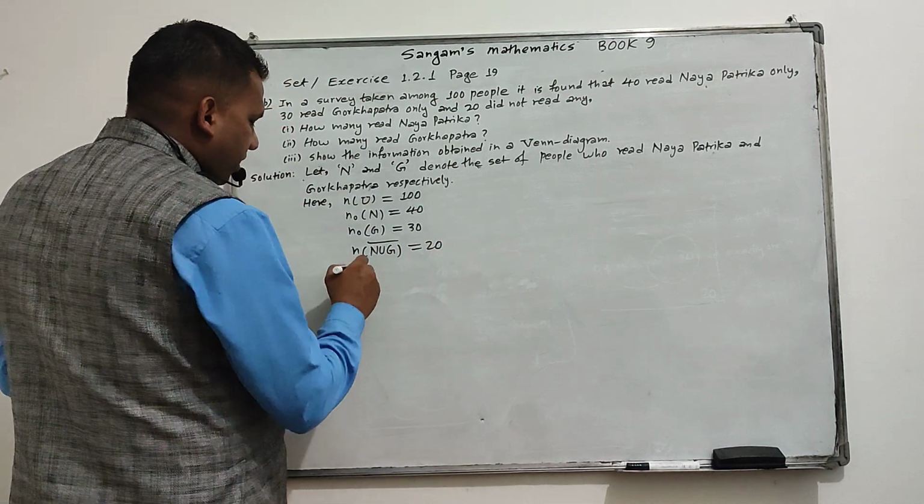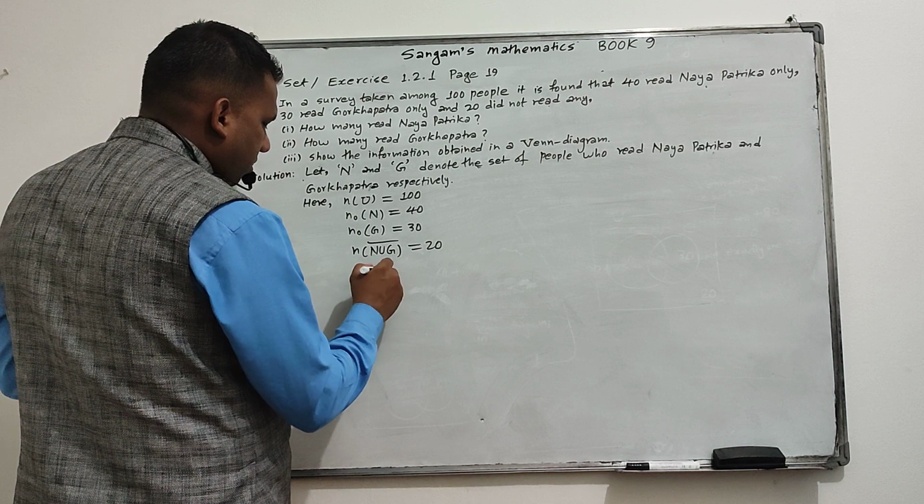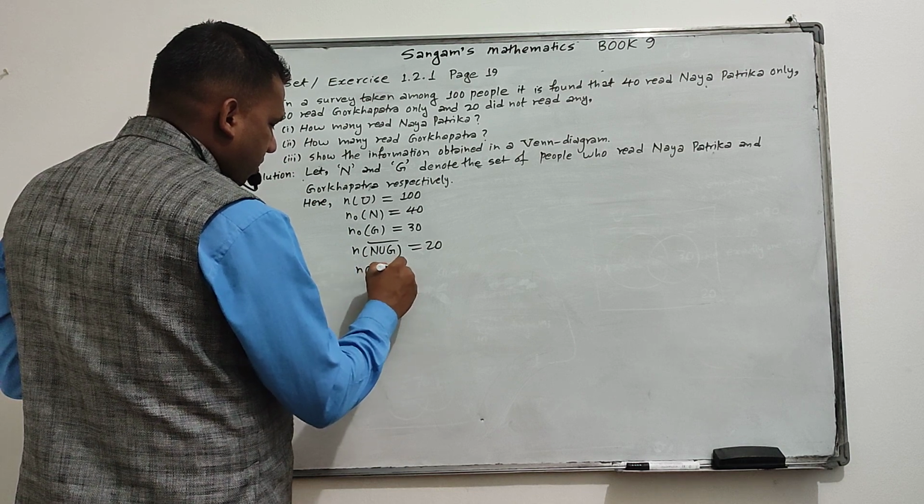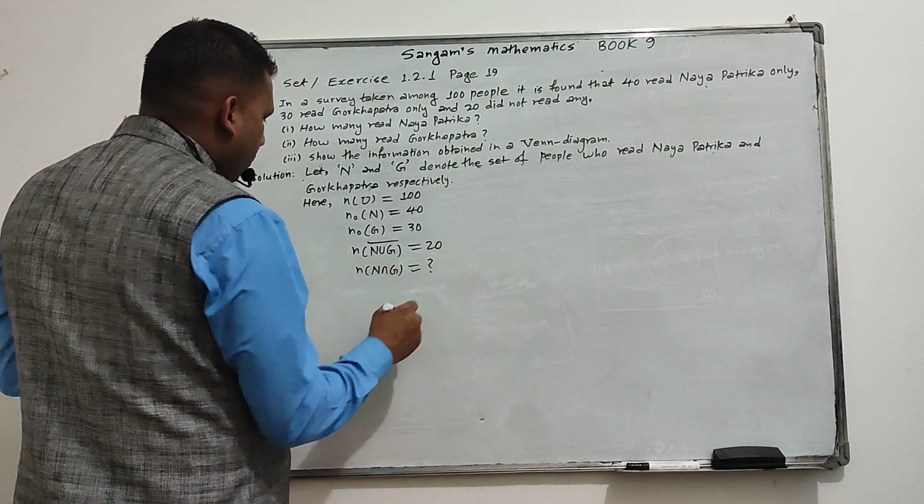Who read both is the question, so number of N intersection G equals question mark.